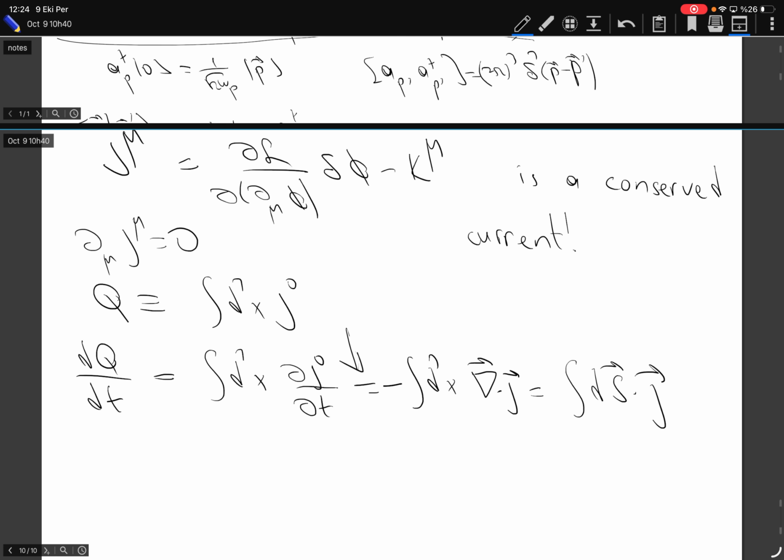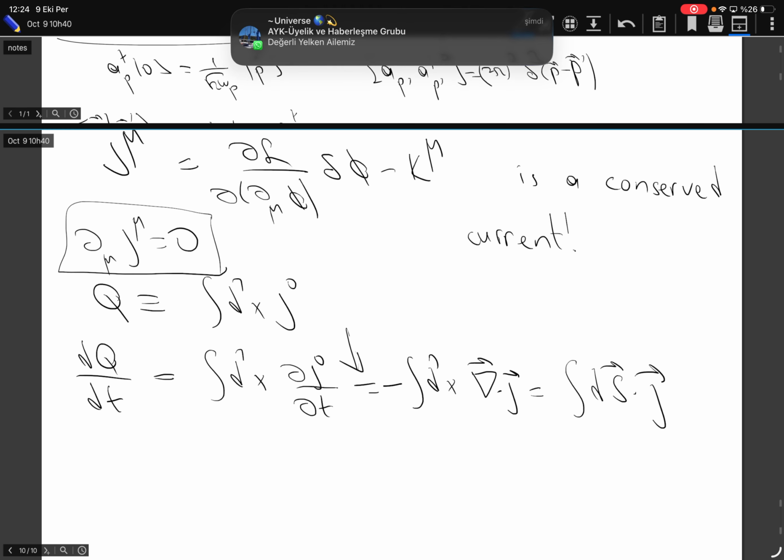Then this equation tells me that if the total charge within this volume is changing, it is because some charge is either moving out of this region or into the region through the surface. But both imply that the charge is conserved. So this is why we call this equation the conservation. If you get such an equation, you know that there is a conserved quantity there.